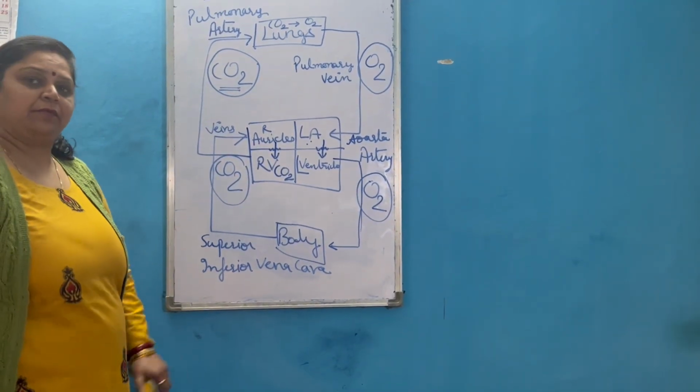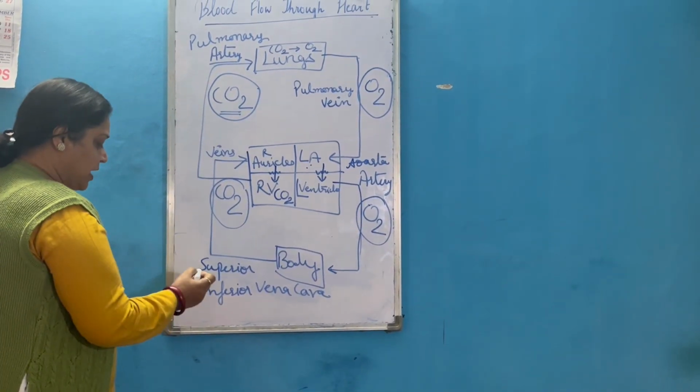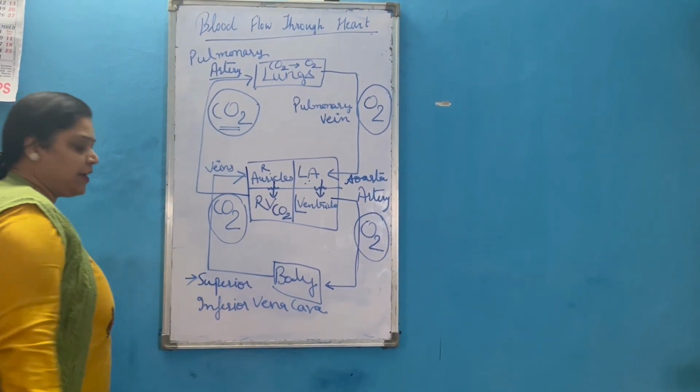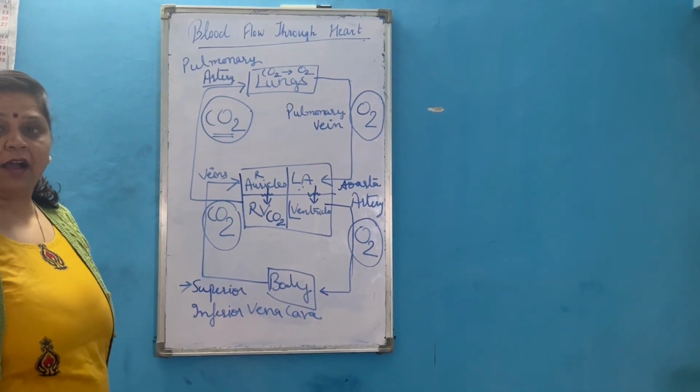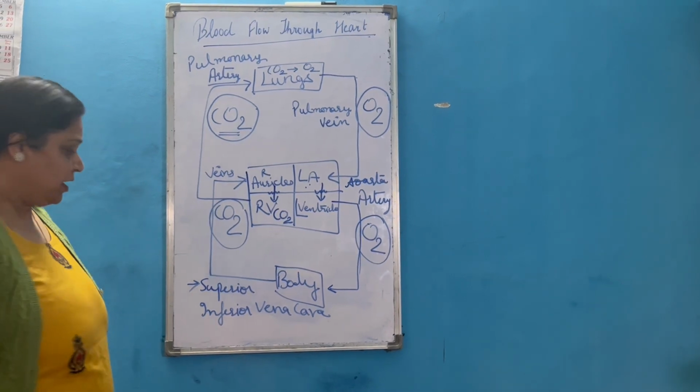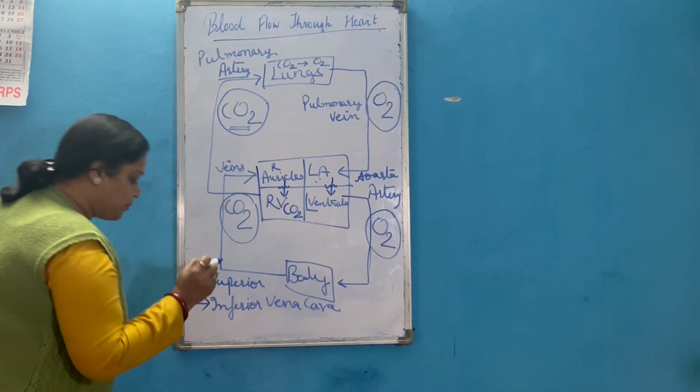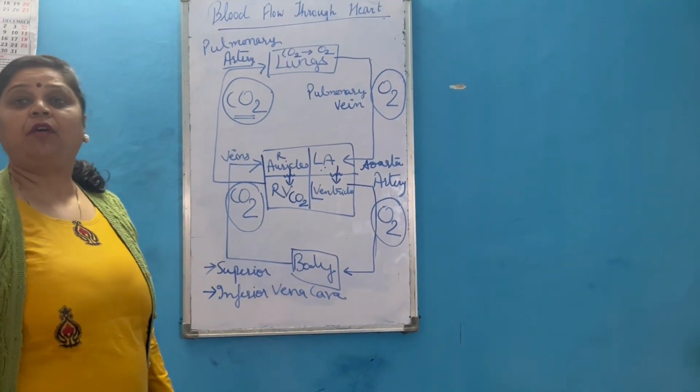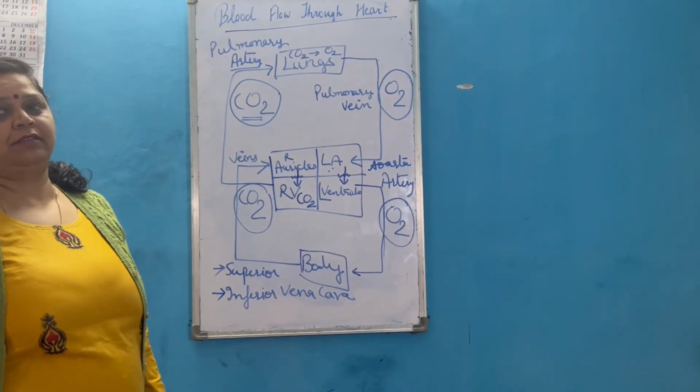There is no difference among these two. The only thing is, the superior vena cava brings blood to the heart from the organs which are above it, and the inferior one brings blood from the organs which are below the heart.